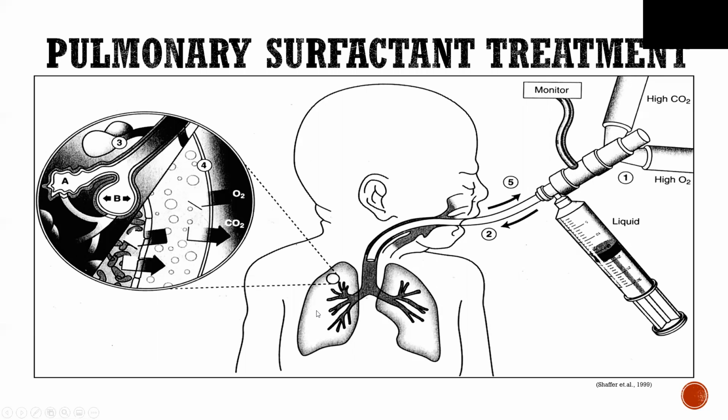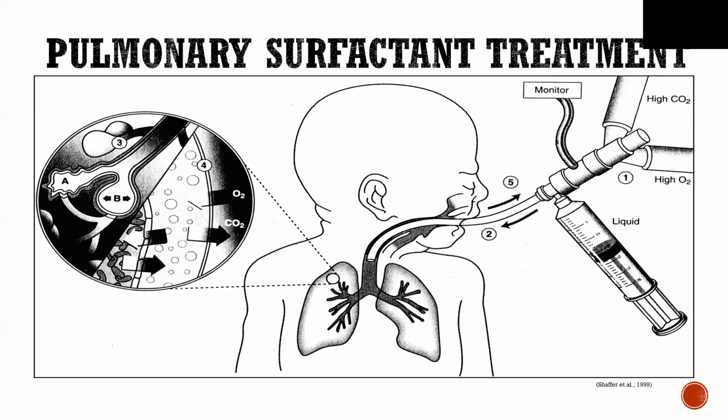All right, so next we'll discuss some treatment options. So we have to realize that surfactant is super important, but it is a piece of the puzzle. There are other parts that contribute to making these neonates better and to ensure that they survive.